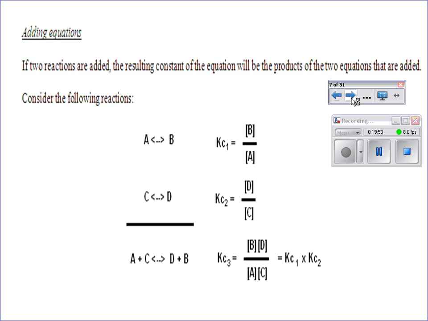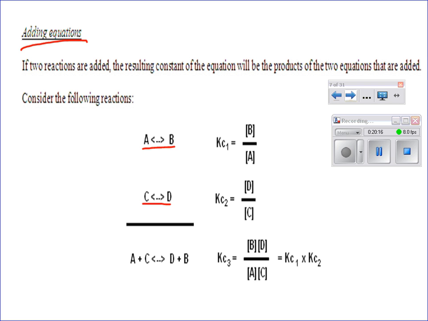The last one, this is fun, is what do we do to K's when we add equations? So looking at this equation, does everyone agree that B over A is the correct expression? It's the gases, don't worry about that. Does everyone agree that D over C is the correct expression?